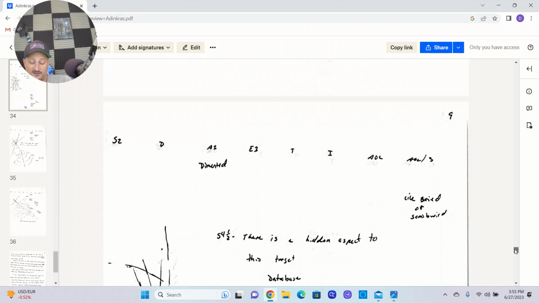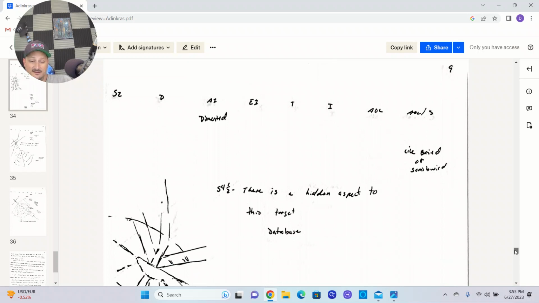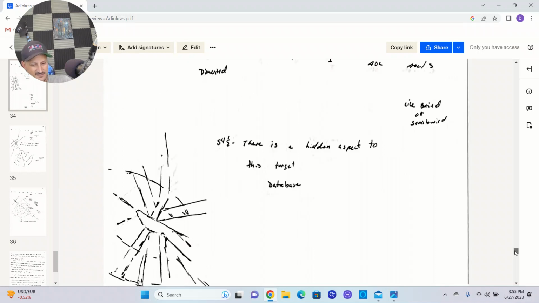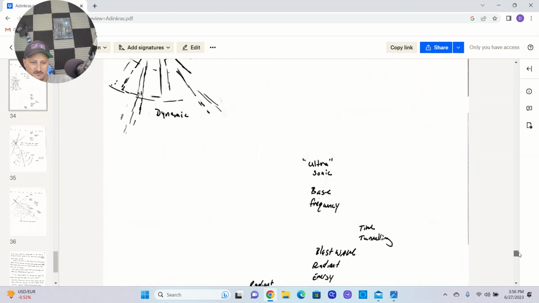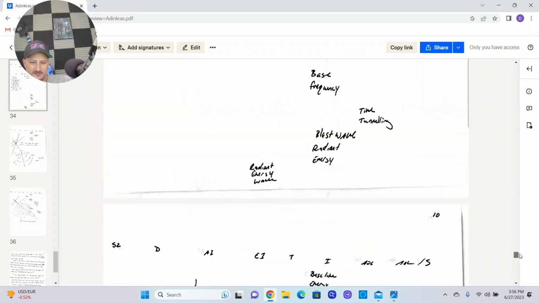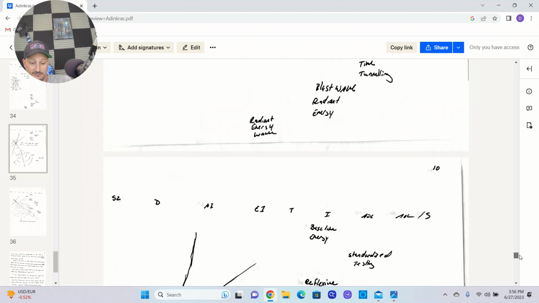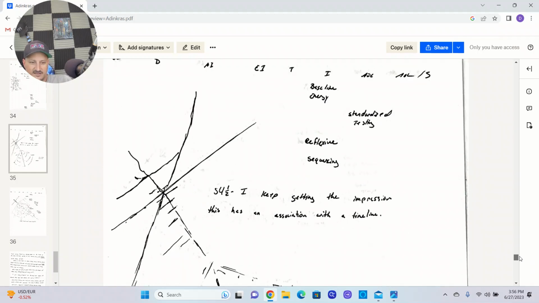Now, I felt like whatever this is doing is kind of demented. There's a hidden aspect to this target. I got the idea of a database. Ultrasonic base frequency, AOL time tunneling, blast wave, radiant energy wave, baseline energy.